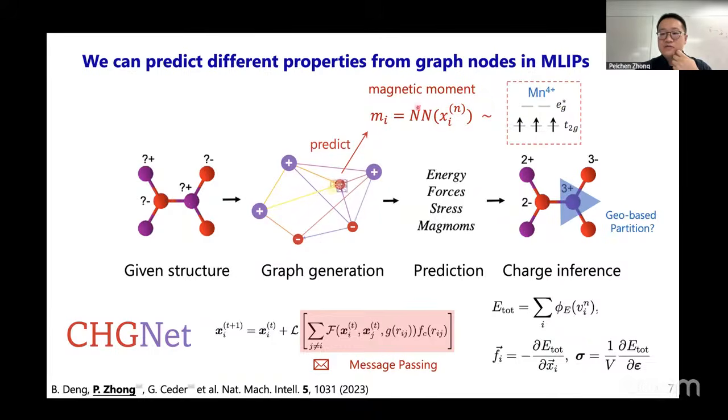If you get this information, then you can infer the atomic charge. So in this work, known as CHGNet, we do not only predict the energy and the forces, but we can also predict the magnetic moments. Based on the magnetic moments, we can classify which valence state the metals are in within the transition metal oxide, and then we can study the charge transfer problems together with dynamic simulation.